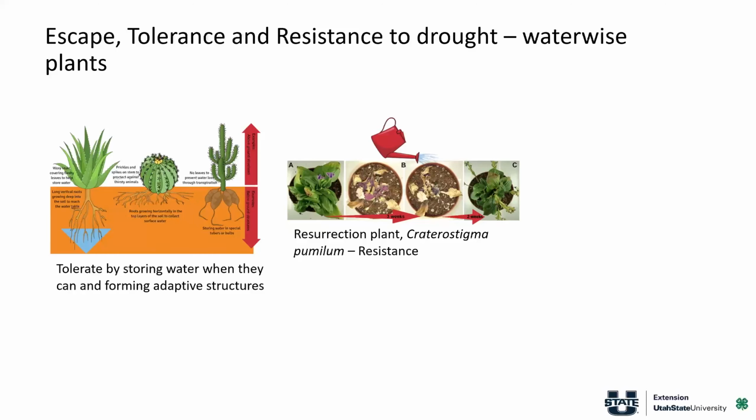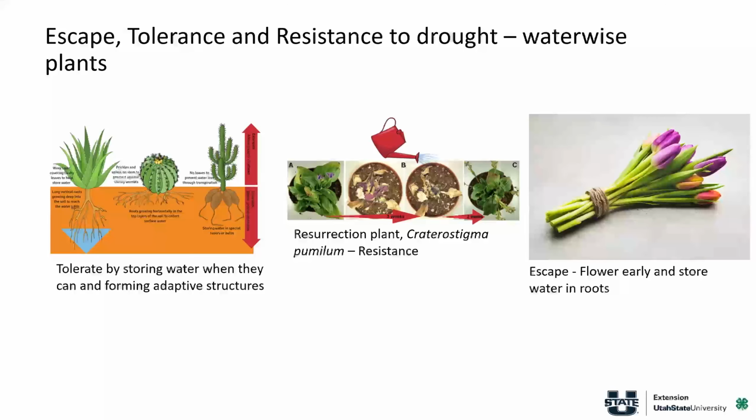What I'm trying to say here is plants can store water and tolerate drought. Plants can be resistant to drought, or sometimes like tulips, they flower early and store water in the roots and gear up for the next season so that they skip the drought period. So there are different mechanisms that plants use to cope with drought, and they are usually water-wise plants.